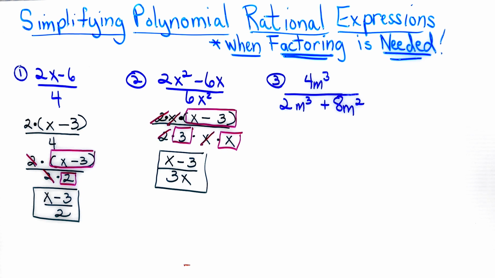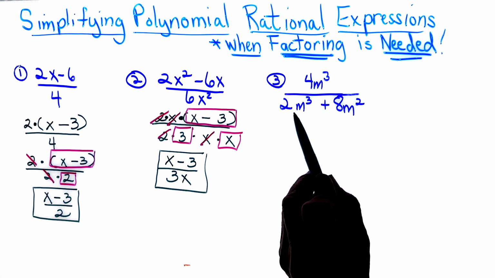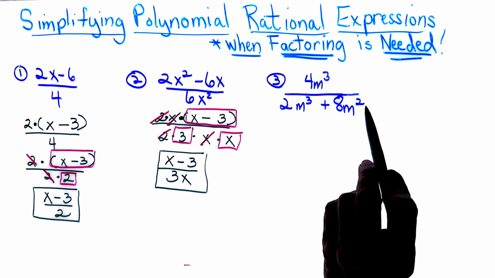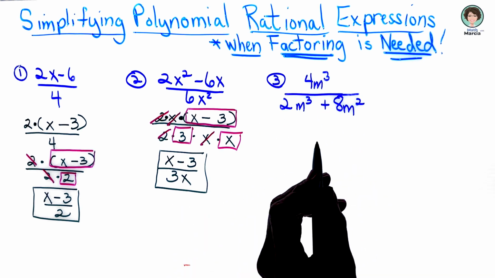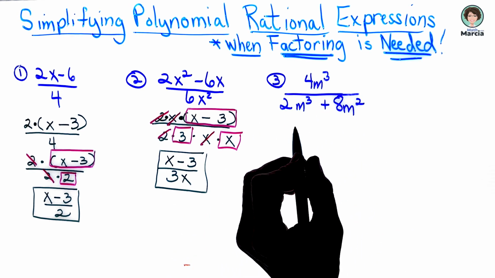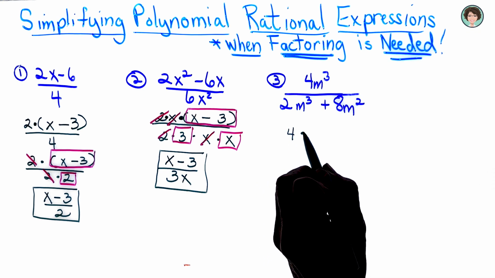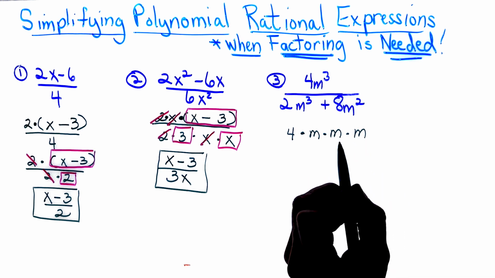All right, for the last problem, we have 4m cubed over 2m to the third plus 8m squared. So let's go ahead and break this up. I'm going to put my 4 times 3 m's because that is the same as m cubed.